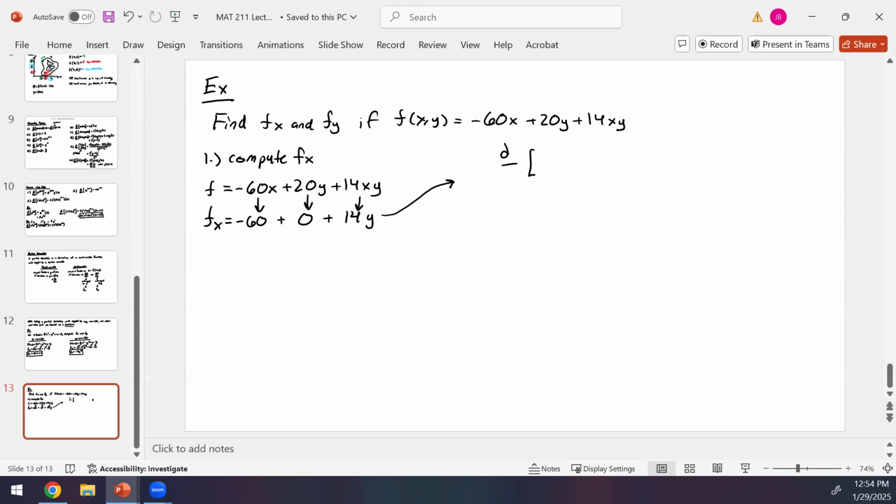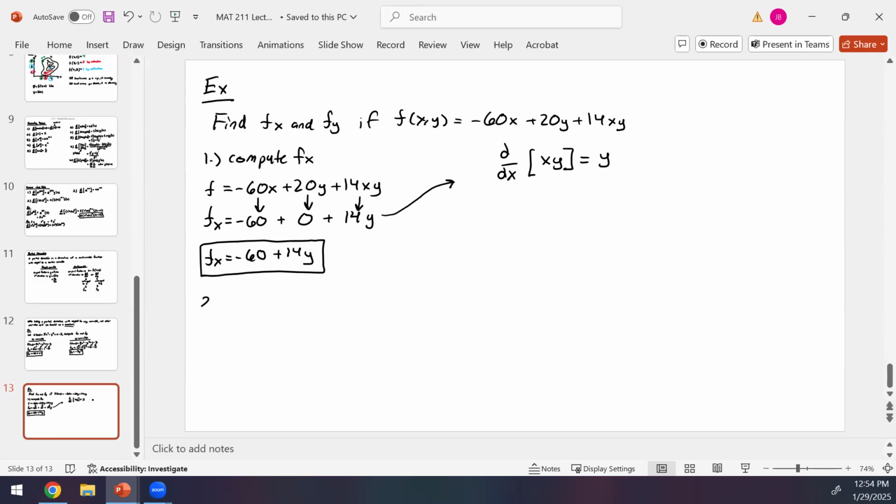So the partial derivative with respect to x of x times y is going to be y, okay? X is the variable, y is the constant, right? So that's the key. And that'll take time to get used to. So we get negative 60 plus 14y. And there we go. We have our partial derivative.